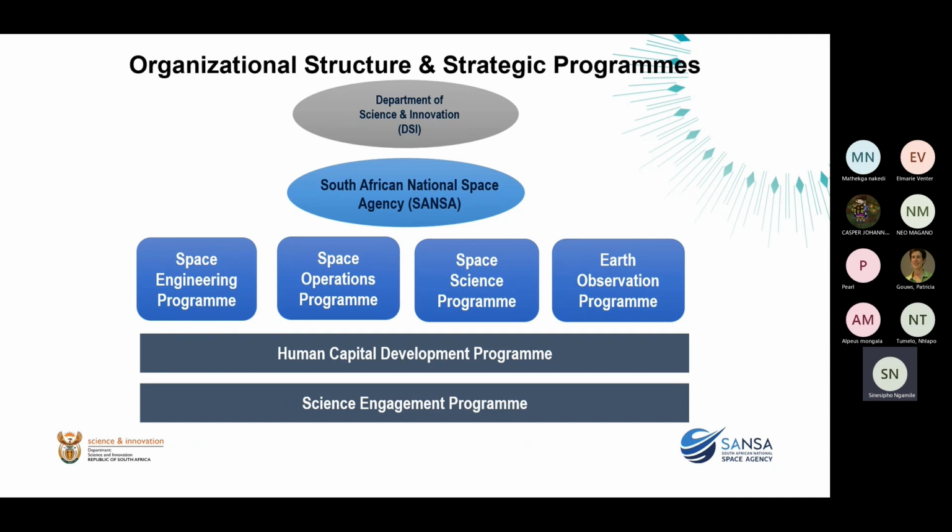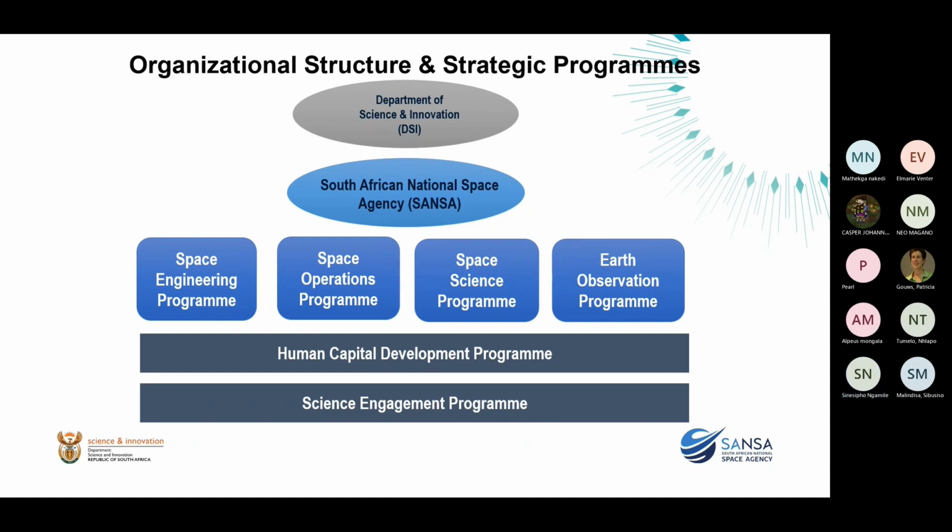The 4 divisions are the Space Engineering Program, the Space Operations Program, the Space Science Program, and the Earth Observation Program. All of these programs do different work, which I will explain in the next slides.